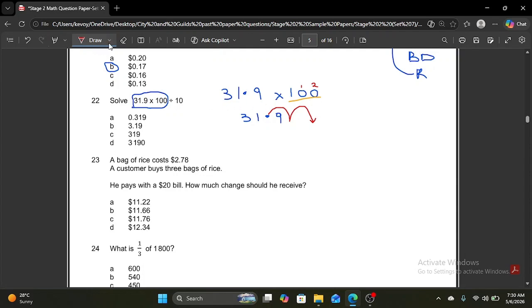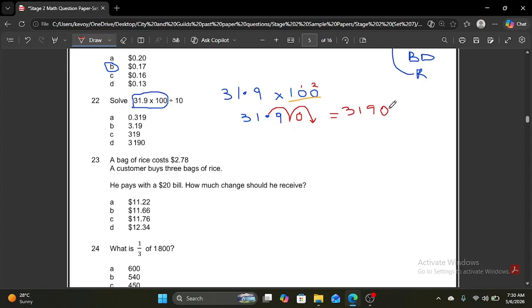Wherever we have a little gap, we just put 0, and that will be equal to 3190.